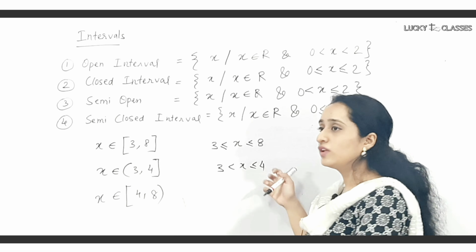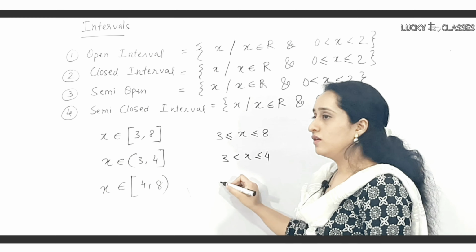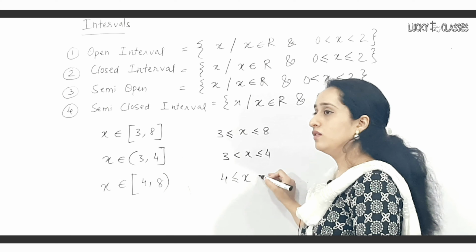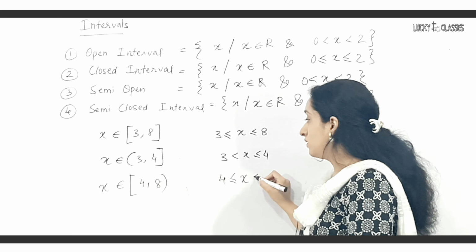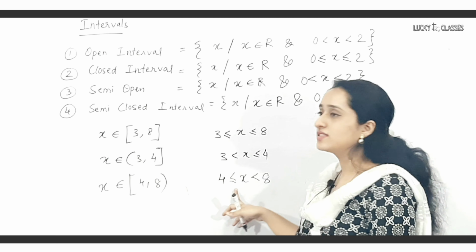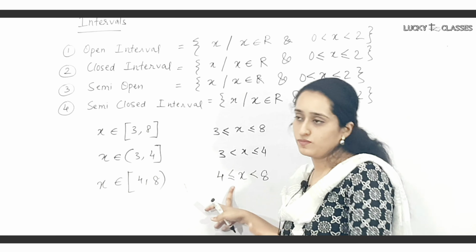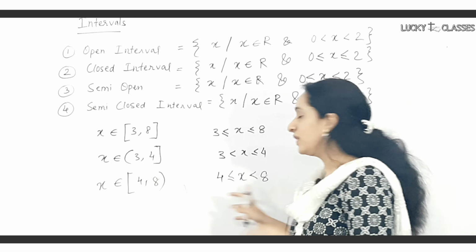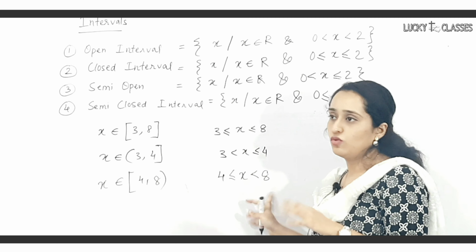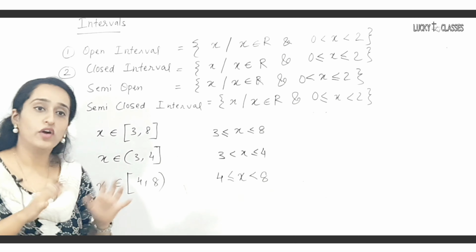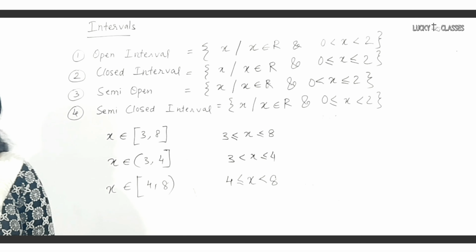And how are you going to write in this form? 4 less than equal to x less than 8. What do you mean by less than equal to? It means it can also be equal. It can be equal to 4, but can it be equal to 8 here? No. Good. Fine.